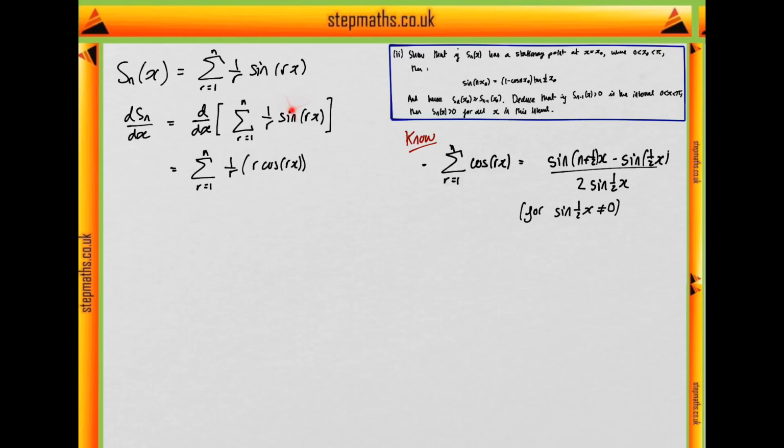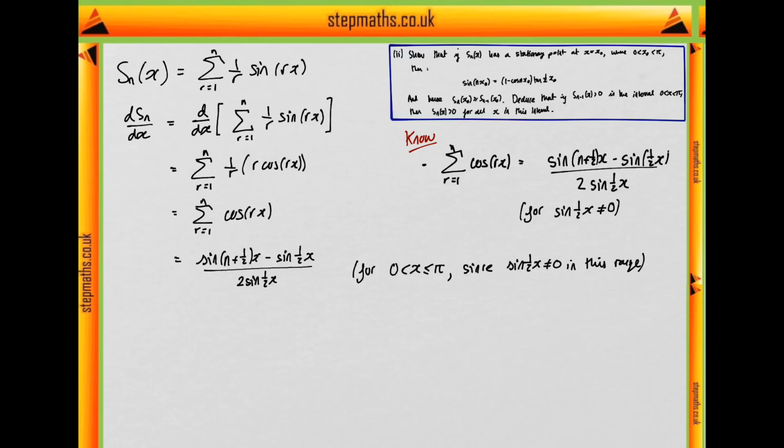So differentiating sine of Rx, we have an r cos of Rx, which gives us the sum from r equals 1 to n of cos of Rx. But hang on, we know what that is in the case that sine of half x does not equal 0. So we can write that as equal to this, for this range where 0 is less than x, less than or equal to pi, because then we have sine of half x is not equal to 0 in this range, and we're good.